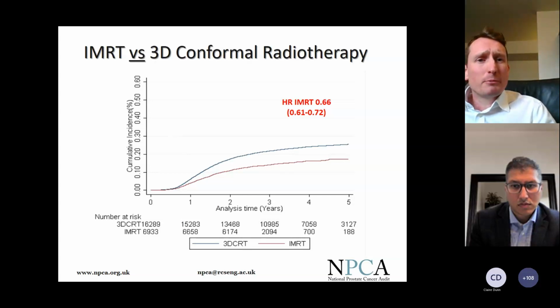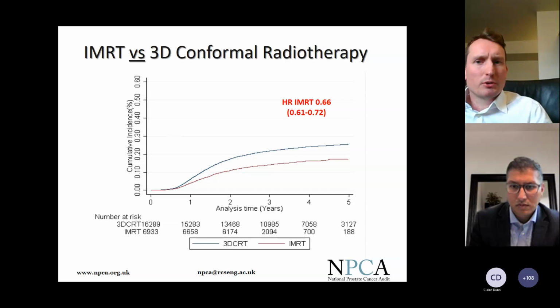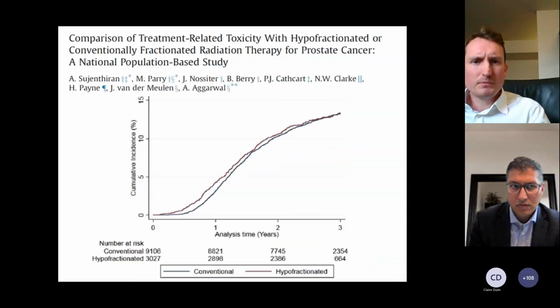Moving on to radiotherapy, we were able to compare different radiotherapy treatment modalities. This was done a few years ago now, so IMRT has very much become the gold standard for radiotherapy in the UK. But we were able to show that, for IMRT versus 3D conformal radiotherapy, there was a significant difference in the toxicity rates.